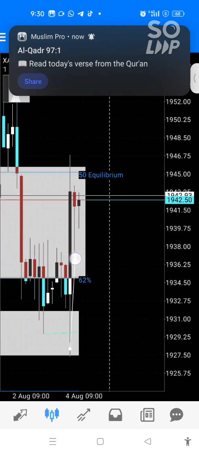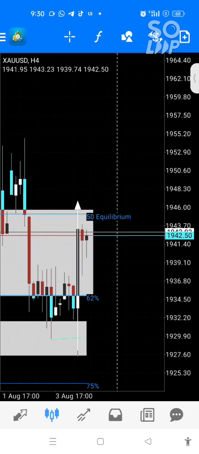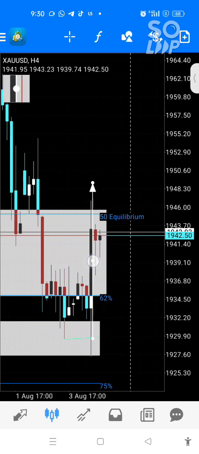Let's see how many pips this is. This market moved 193 pips. I'm coming from the low. I did not enter exactly at that low though, but that's what the market moved. My entry was somewhere at this low.